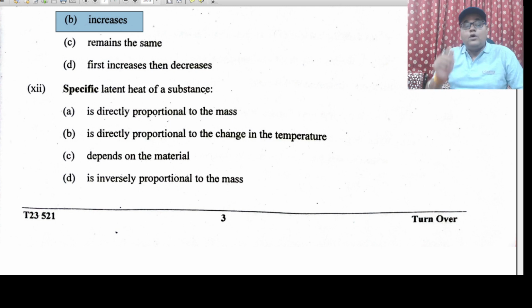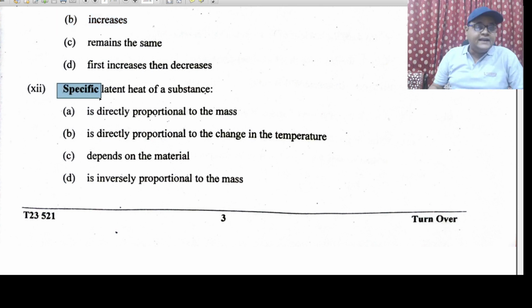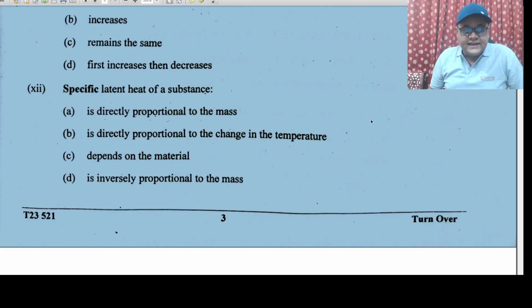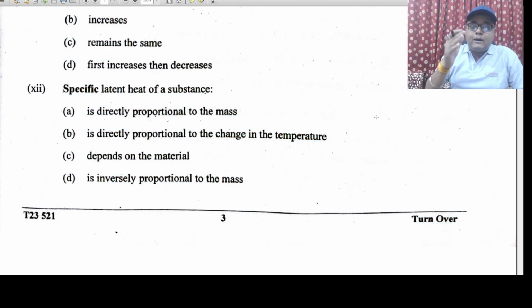Question number 12. Now a lot of students have got this wrong, so let me clarify. In the question they are asking about specific latent heat, they are not asking about latent heat, right? So when you are talking about specific latent heat, you have to fix the mass. It is unit mass, either 1 gram or 1 kg. So it does not depend on mass, rather it depends on the material, right?